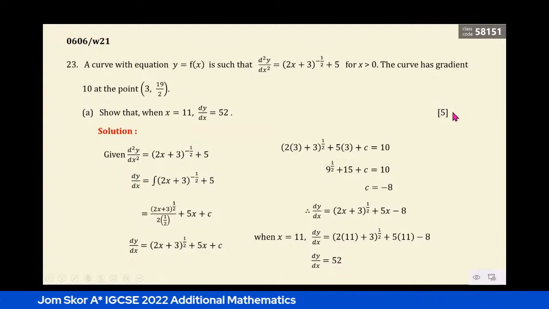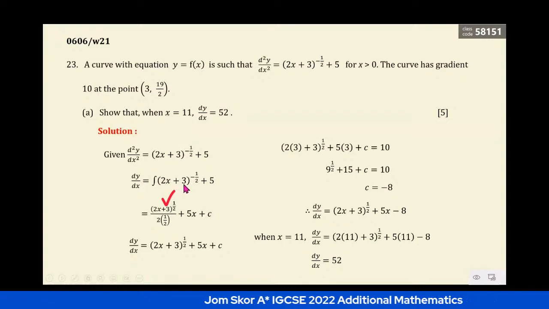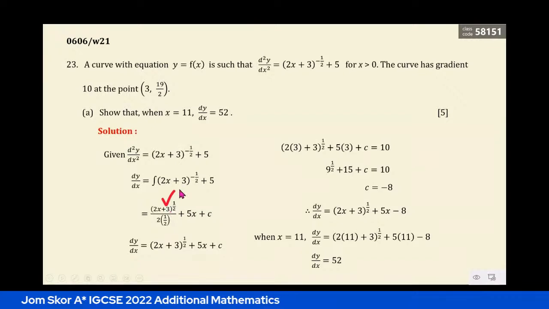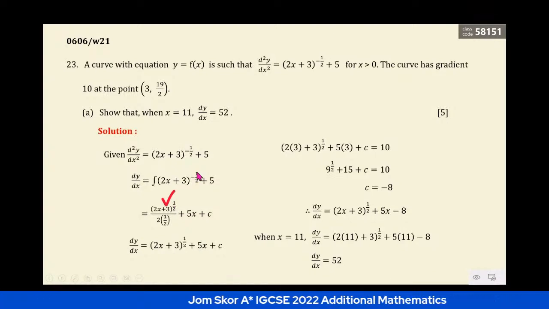So 5 marks will be given once you attempt to integrate 2x plus 3 to the power of negative 1 over 2. Attempt means you get the correct index here, 1 over 2. The power has changed from negative 1 over 2 to 1 over 2.